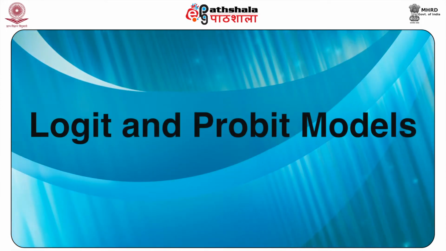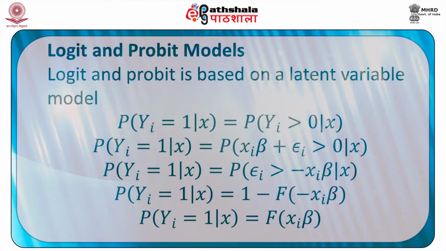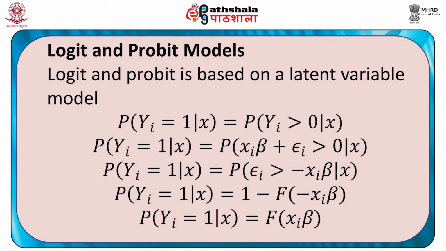So let us try to understand what the Logit and Probit models are. Logit and Probit are based on a latent variable model, which could be written as: probability yi equal to 1 given x is equal to probability yi* greater than 0 given x, which can also be written as probability yi equal to 1 given x equal to probability xi beta plus epsilon i greater than 0 given x.